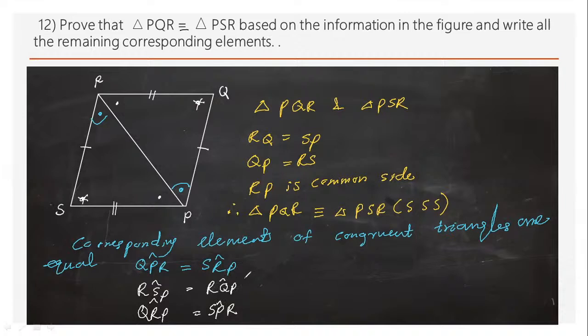These are the corresponding elements of congruent triangles. RSP and RQP, QRP and SPR, the other one is QPR and SRP.